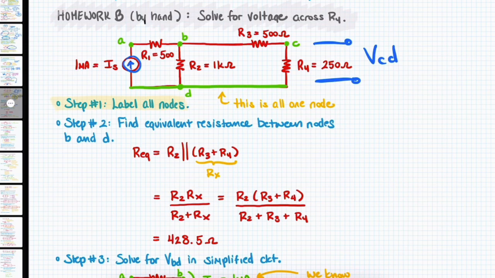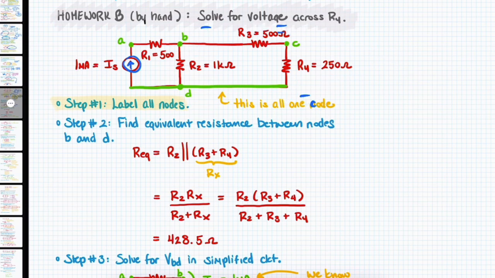It is a little bit ambiguous because both this and this could be referred to as IBD, but I'm going to say we're only using the subscripts to refer to a single segment. So this is IBD, this is IBC, and this is ICD. You can label it however you want.